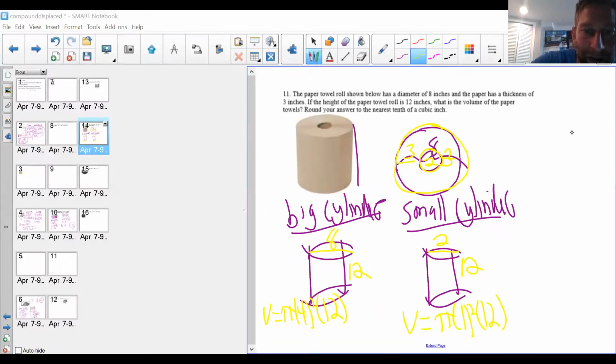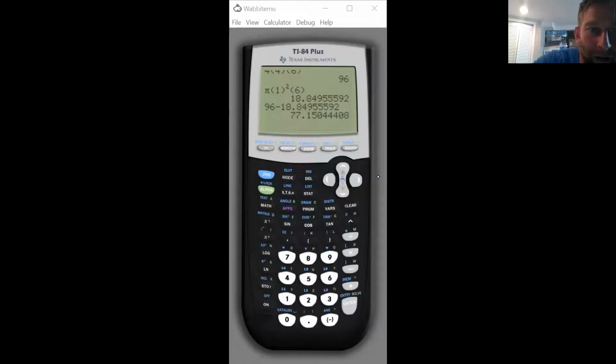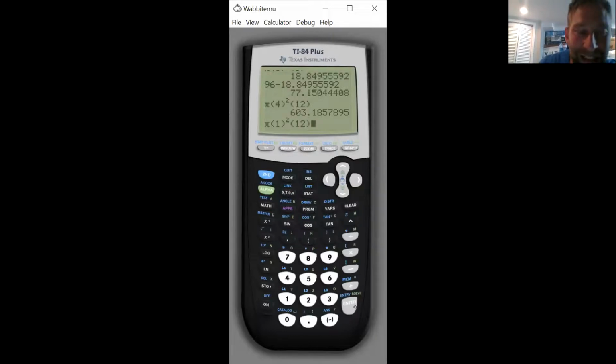Go to my calculator. Pi times 4 squared times 12. Pi times 1 squared times 12. Again, a hollow shape will always have the same height.